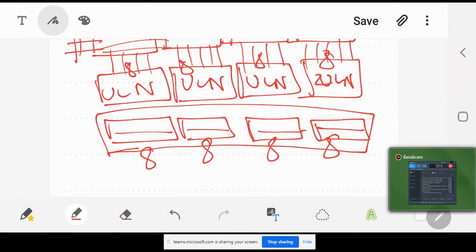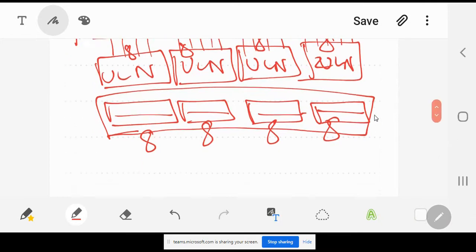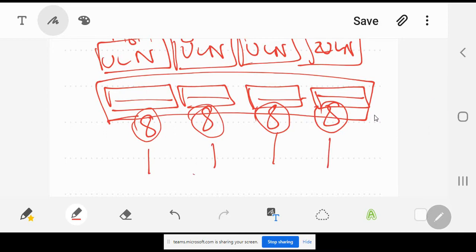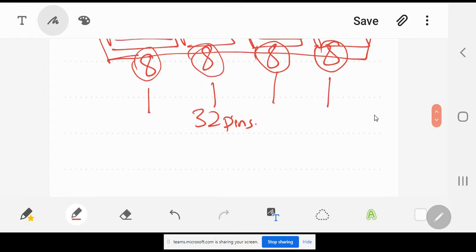Okay, now for those who are using the 74HC595, since these are 8 bits here, 8 bits here, 8 bits here, 8 bits here, you have to give this data from a microcontroller. Now to get a microcontroller with approximately 32 pins is very difficult, because it is going to be very consuming on the microcontroller side, and a 32 pin microcontroller will also be large.